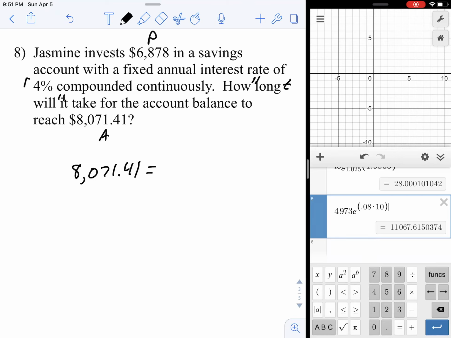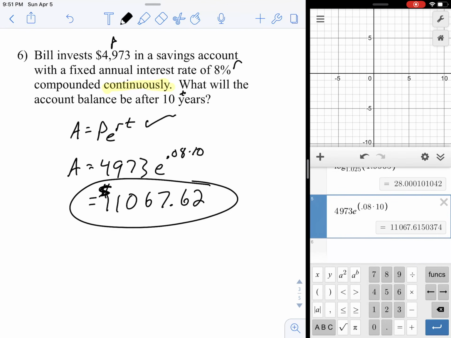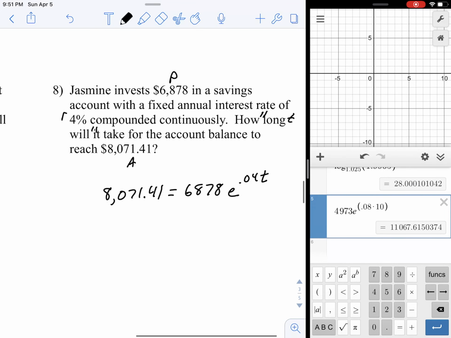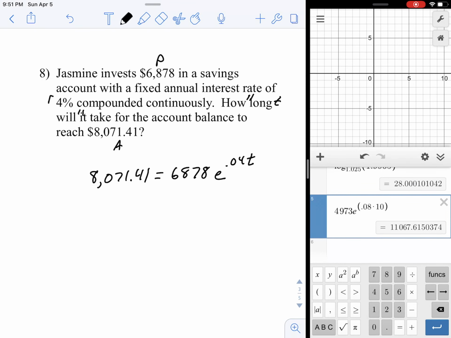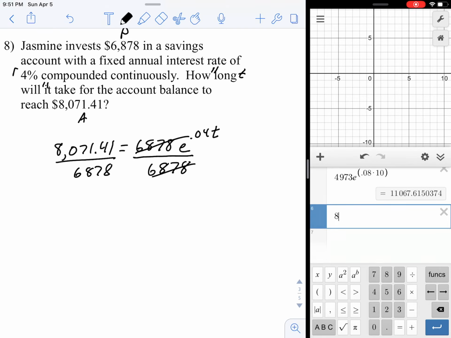Wow, you can tell I took the weekend off from thinking. 6878 e to the 0.04t power. Okay, let me just backtrack for a second. There's my formula. Yeah, okay, I did set it up right after a little blunder. We're good. Okay, so to solve for this variable, the first thing I need to do is divide by 6878. Cancel that out.